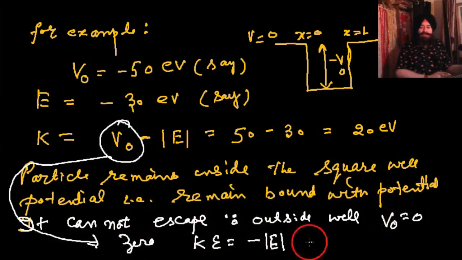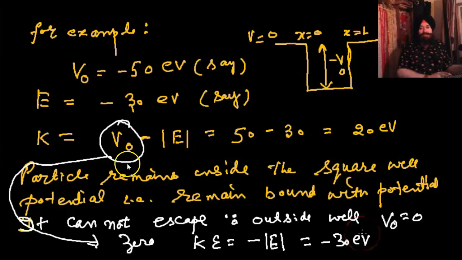If the potential well disappears, meaning V naught becomes equal to 0, then what happens? Kinetic energy becomes equal to the total energy, which is negative, minus 30 electron volt. The kinetic energy cannot be negative. So the particle cannot escape from the potential well according to the classical physics.